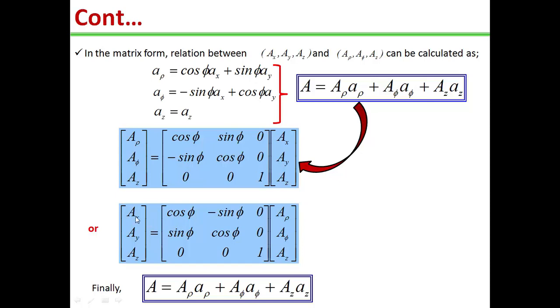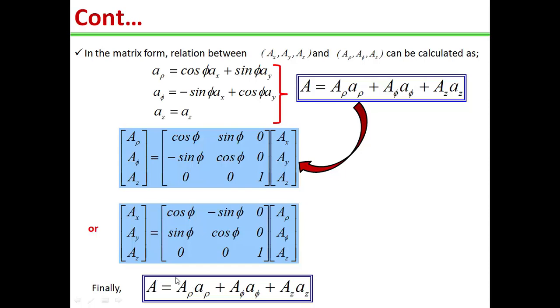Or we can find the magnitude of ax, ay, az by inverting this matrix. So we will find cos phi, minus sin phi, 0; sin phi, cos phi, 0; 0, 0, 1, multiplied by the magnitude of a rho, a phi, az. Once we get the value of a rho, a phi, az magnitude, we put all these values in the vector a.